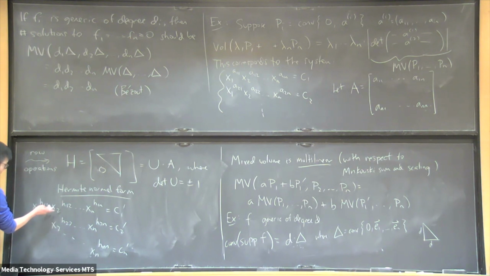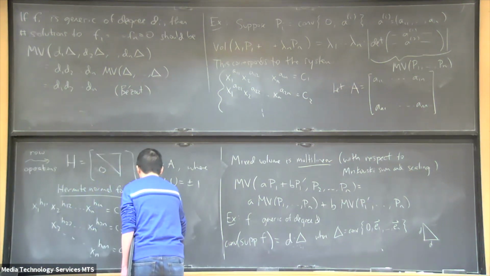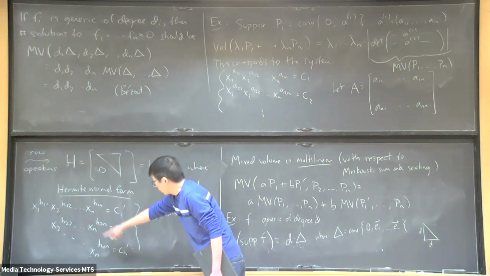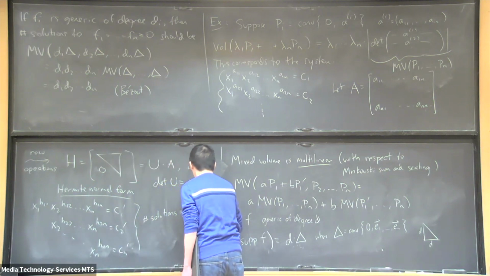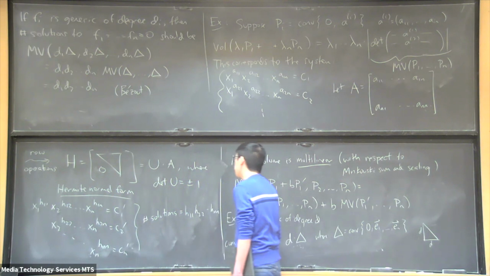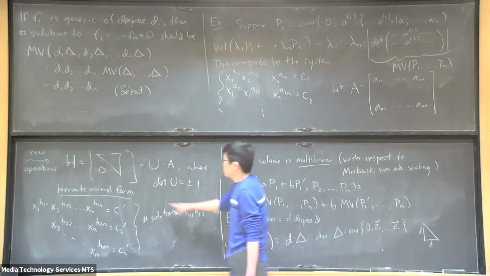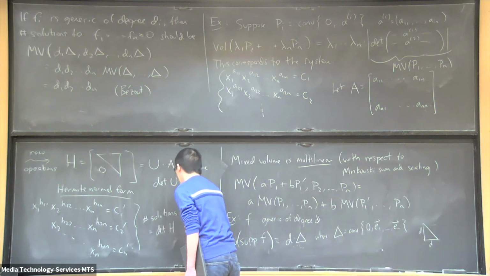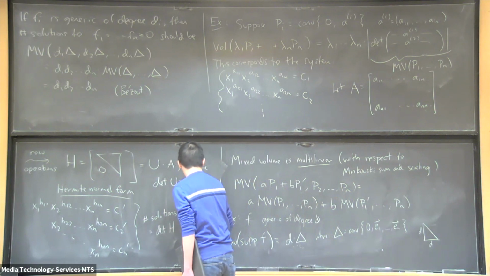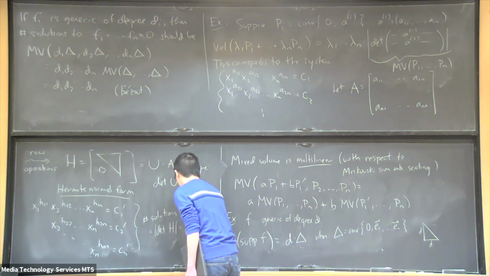Eventually, you'll get all the way up to the top. You'll have determined x2 through xn, and then you'll need to choose which root to take for x1. And so the number of solutions here will just be the product of these exponents. But of course, this is just the absolute value of the determinant of this matrix H, just to be safe.